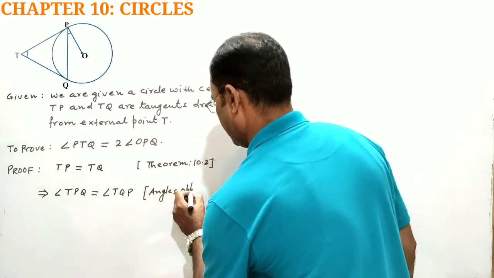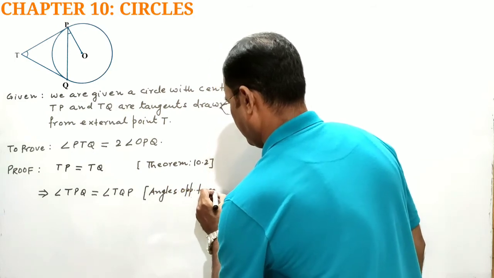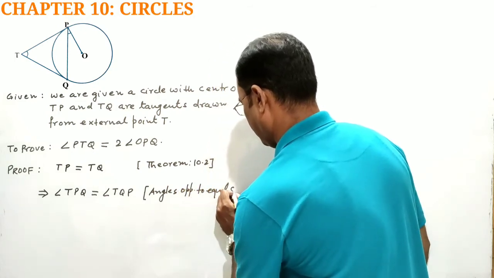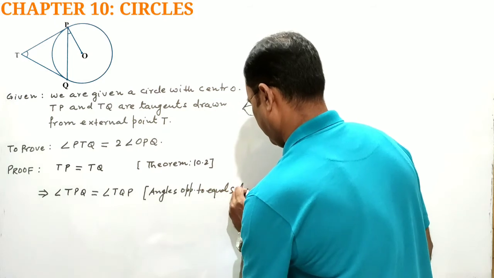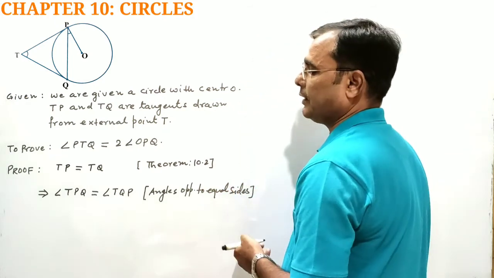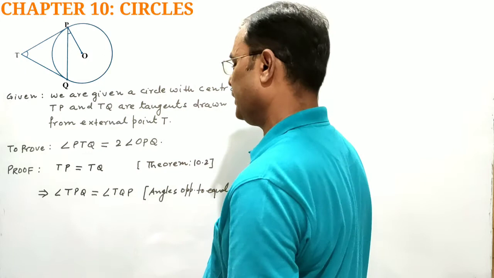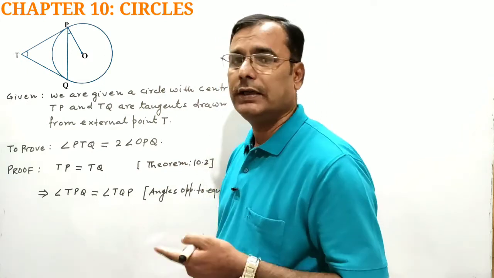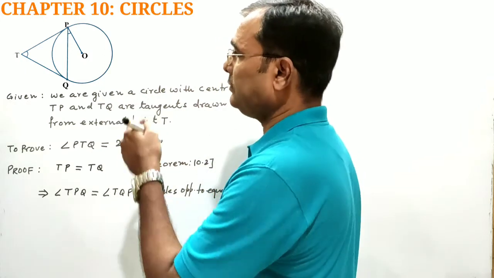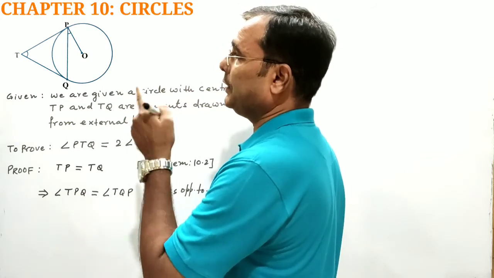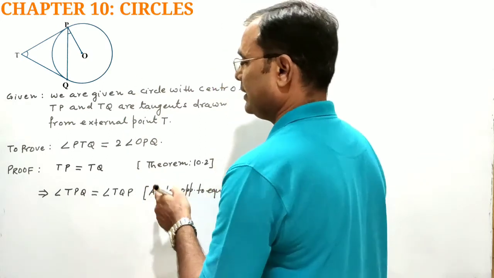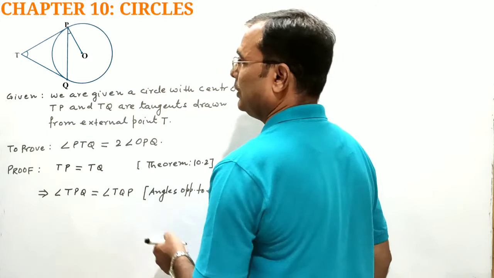Angles opposite to equal sides are equal, so angle TPQ is equal to angle TQP. That means triangle TPQ is an isosceles triangle because TP equal to TQ.